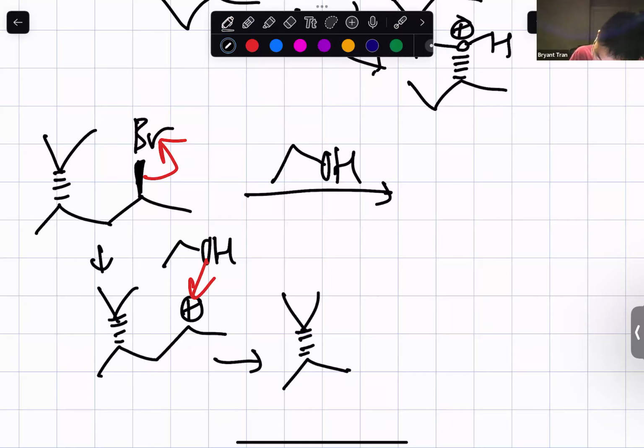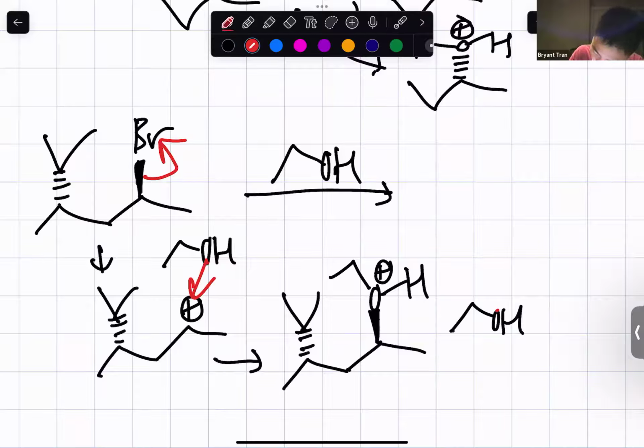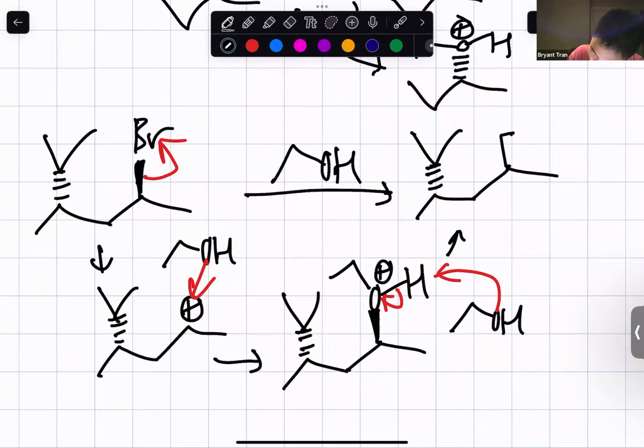Now we could say it attacks on the top side, giving a wedge. It could be a dash as well, but let's say it's a wedge, leading to that intermediate, and then we use a base like that or the leaving group to deprotonate and neutralize that positive charge oxygen to give us this final product right here, which we cannot say a racemic mixture.